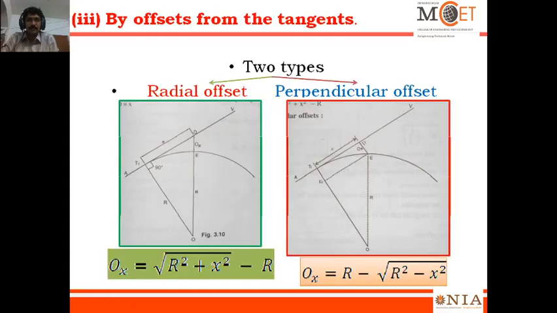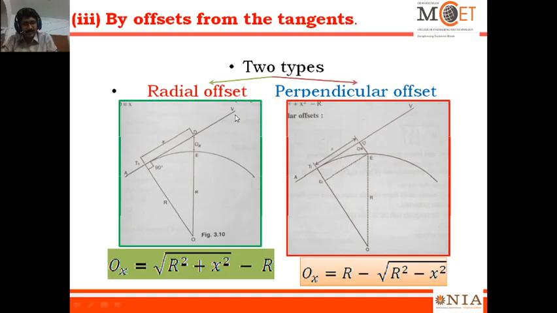The next method is offset from the tangent. For the curve, we know the back tangent and the forward tangent. So from T1 to the V and from T2 to the V, there will be two tangents. Either one tangent we can consider.